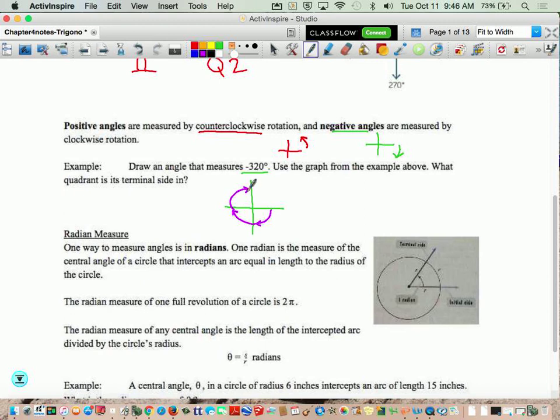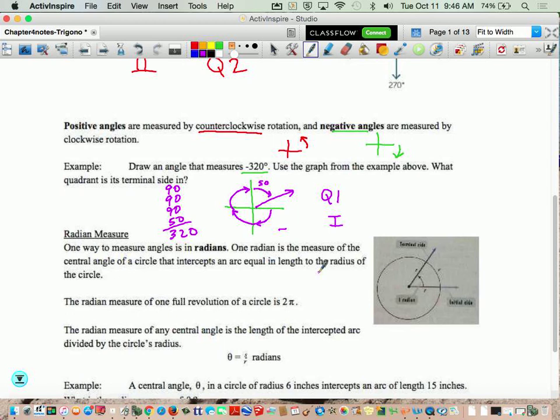So these are all 90 degrees, and I'm at 270, plus an additional 50, if you will, in the negative direction. So 90, 90, 90, and 50 is 320. But we're in the negative direction, and so we end up right about there. And again, this would be quadrant 1 or Roman numeral 1.